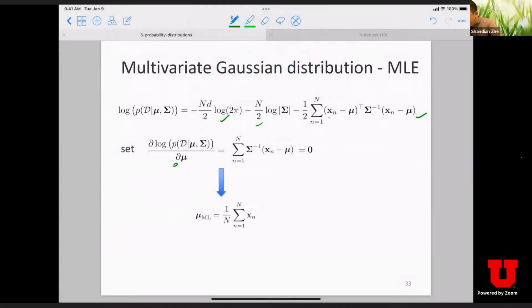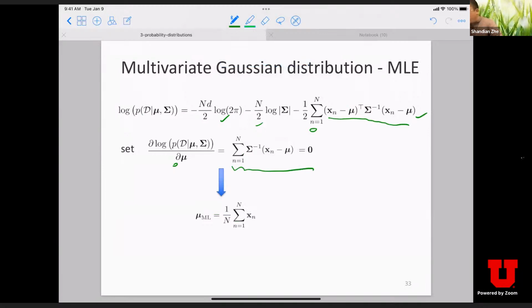We just take the gradient over each summand here, and it will give you sigma inverse times xn minus mu, and of course you need to go over the summation. If you set the gradient to be 0, that means you set this summation to be 0.